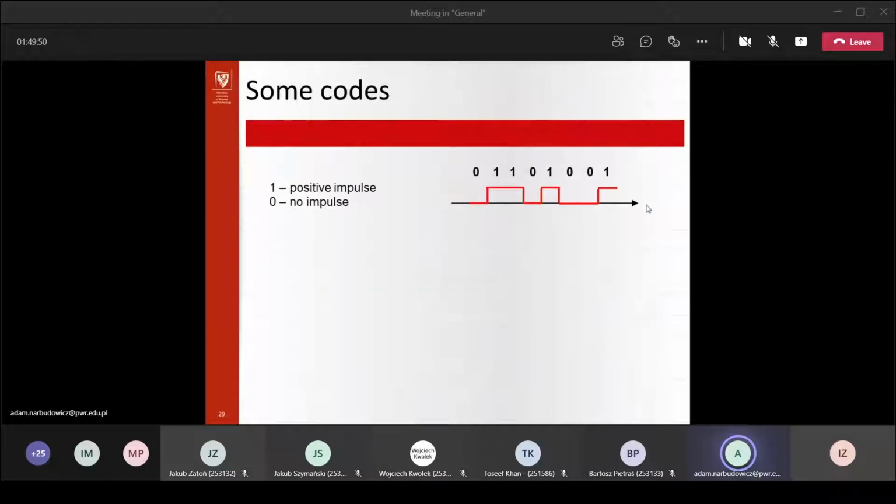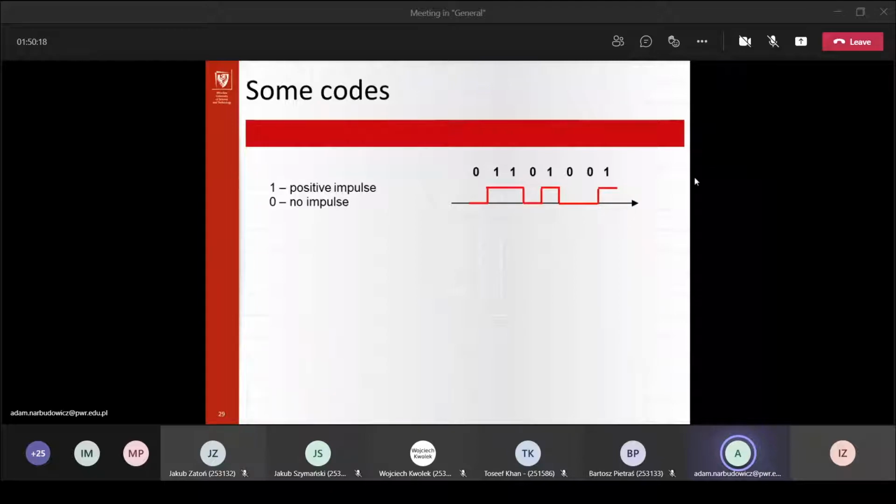Okay. So going into some again basic code. This is the most simple thing we can do, right? So we have some zeros and ones here at the top, and we simply encode 0 as no impulse and 1 as a positive impulse. And again, this is of course very straightforward, right?